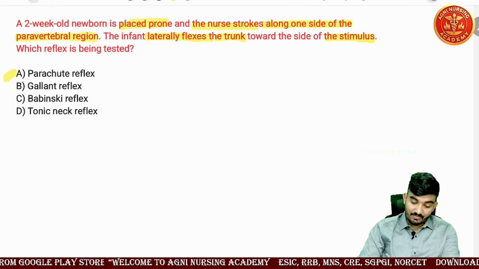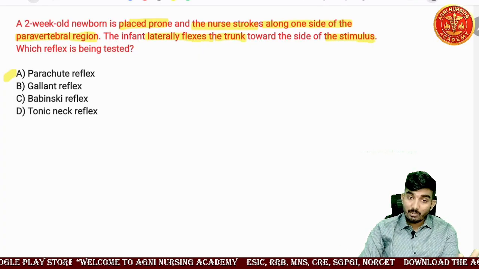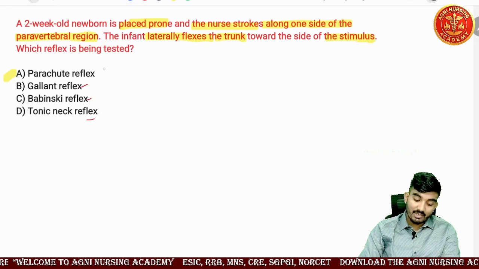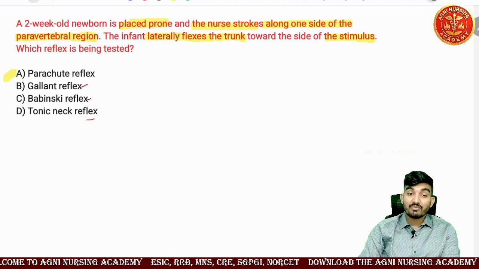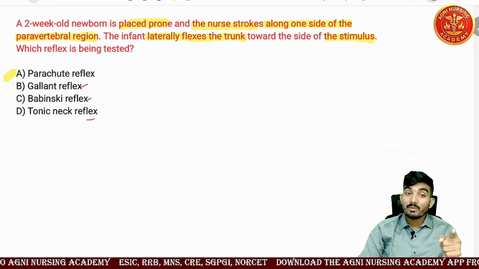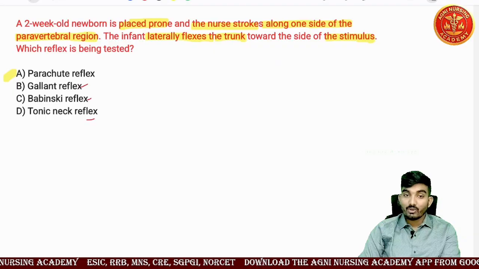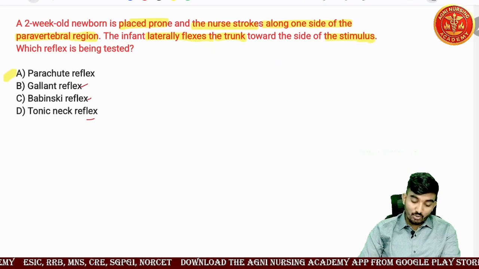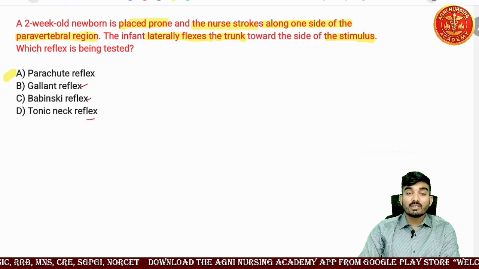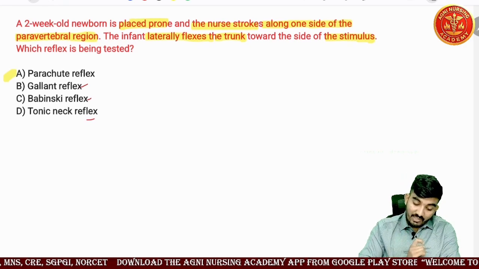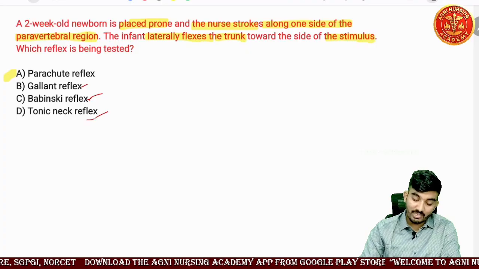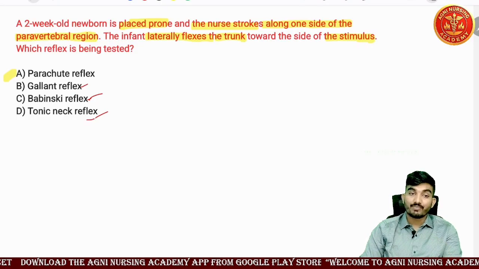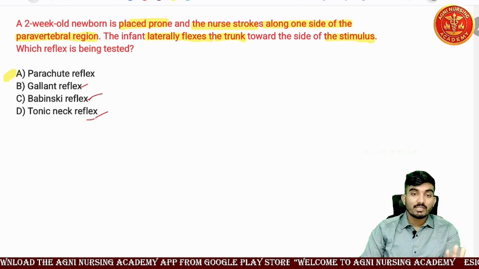In the tonic neck reflex and the Babinski reflex, nothing is mentioned about the vertebral region and trunk movements in response to stimulation. These reflexes we have already discussed. The pending reflexes are the Gallant reflex and the parachute reflex. Now we will discuss them. Everyone understands the question.